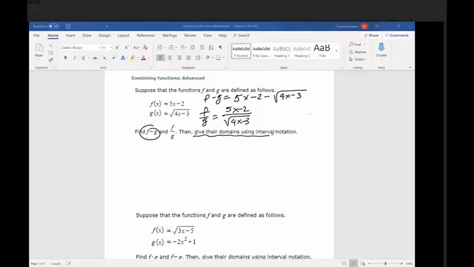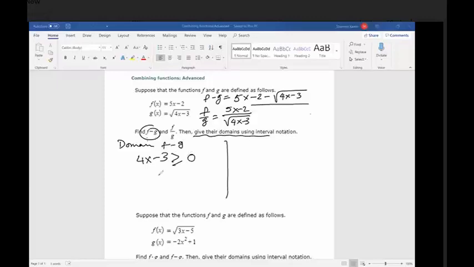If we look at the domain for the subtraction one, the square root of 4x minus 3 is under the radical, the square root, so it cannot be negative. So the condition for the domain for f minus g is that 4x minus 3 has to be bigger or equal to 0.